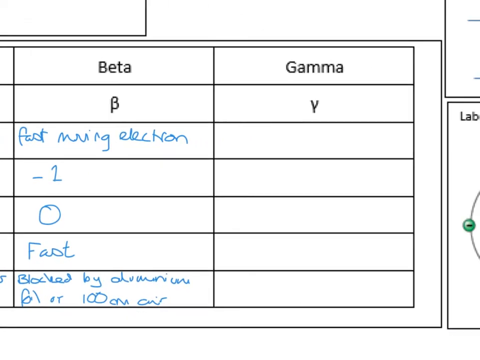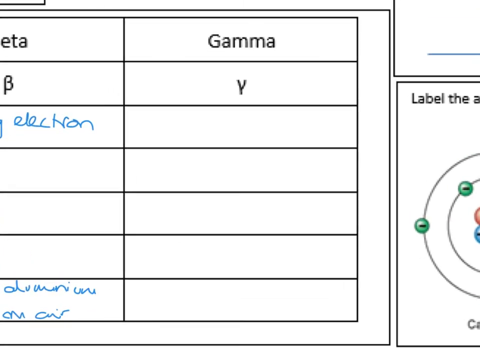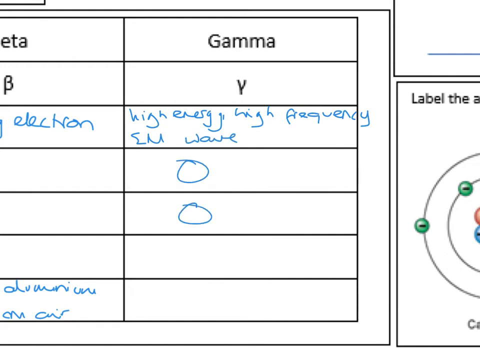Okay, on to gamma. Okay, so gamma is a high energy, high frequency electromagnetic wave. Okay, its mass is 0 because it's a wave, its charge is 0. Okay, it travels at the speed of light, so it's the fastest thing that we can have.